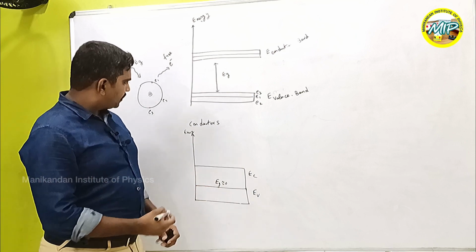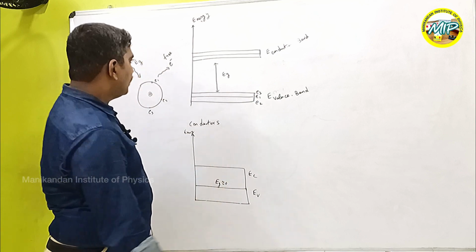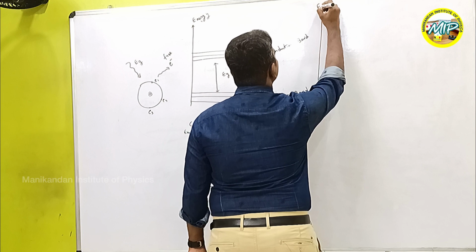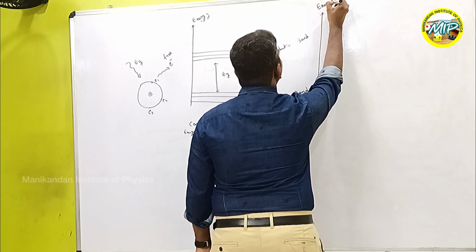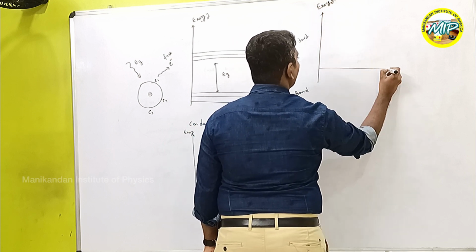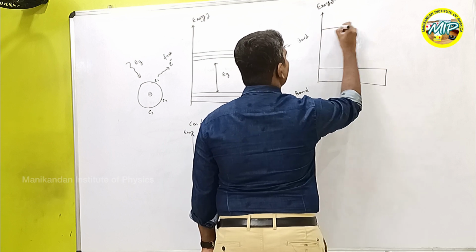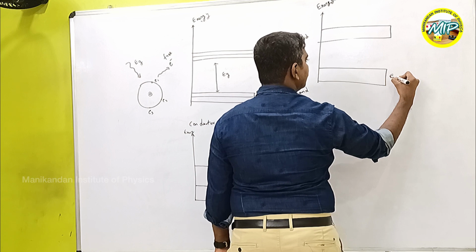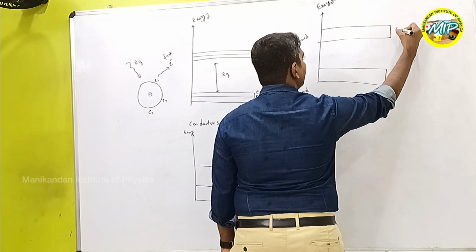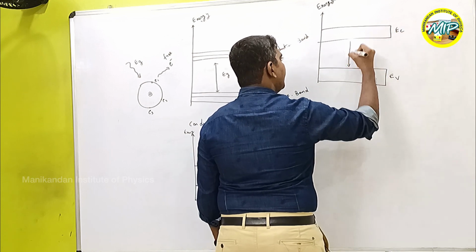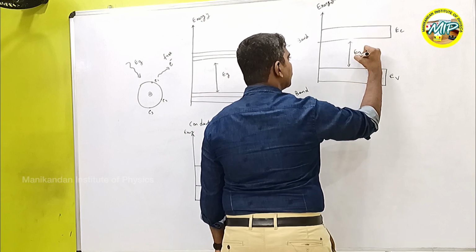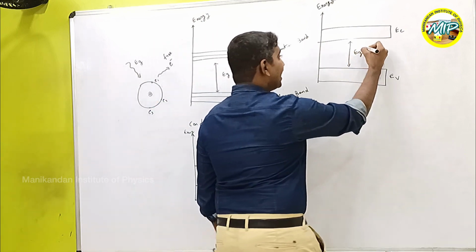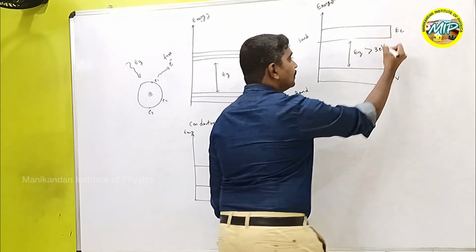Now I am going to plot this for insulators. Energy and the insulators. This is my EV, EC. The energy required to eject the electron from the valence band is greater than 3 electron volt.